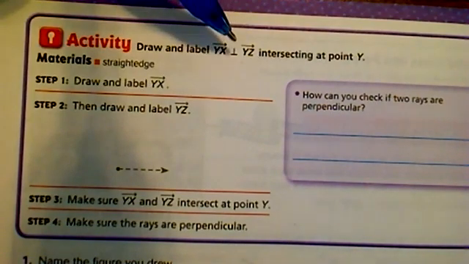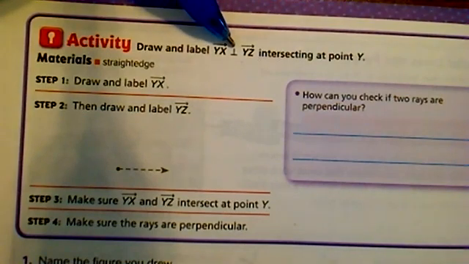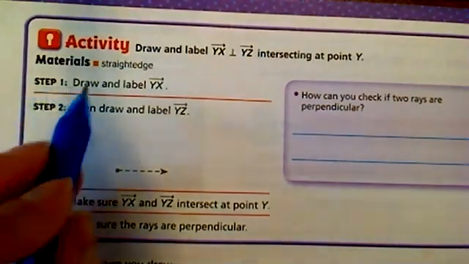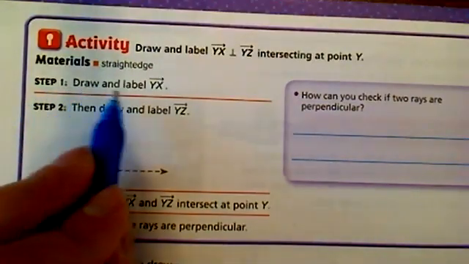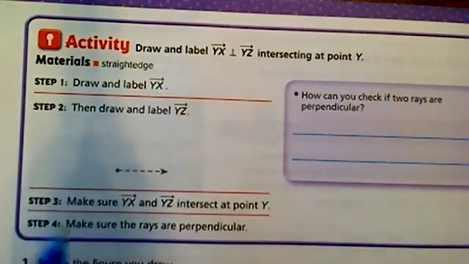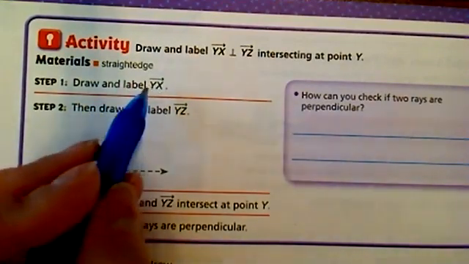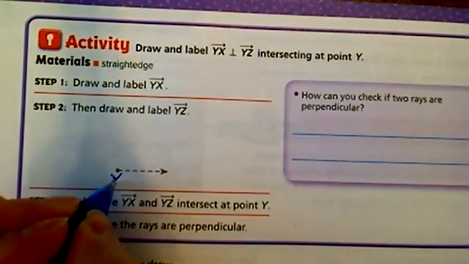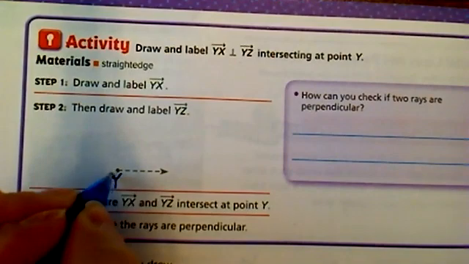Okay, so it's intersecting, but they're intersecting in a very specific way. Do you remember what this symbol tells us? It tells us that they're going to be intersecting in a perpendicular way. We're going to make a perpendicular angle, basically. So our first step is to draw and label ray YX. So I know that a ray has the first letter in my name for the ray as my endpoint.